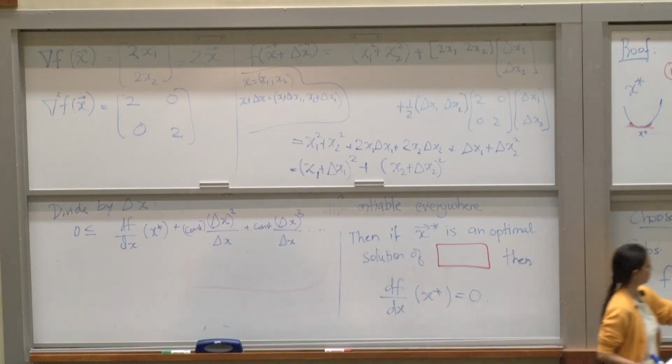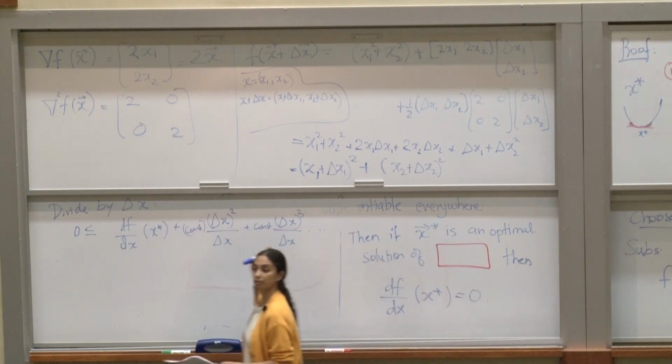This delta x here disappears because I've divided it out.